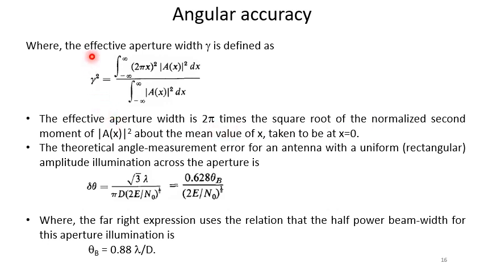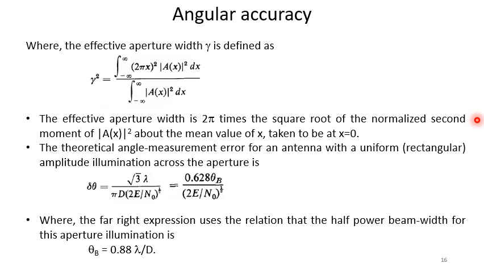where the effective aperture width gamma is defined as gamma square equal to integration from minus infinity to plus infinity of (2 pi x) square mod a(x) whole square dx divided by integration of mod a(x) whole square dx. The effective aperture width is 2 pi times the square root of the normalized second moment of a(x) square about the mean value of x, taken to be at x equal to 0.